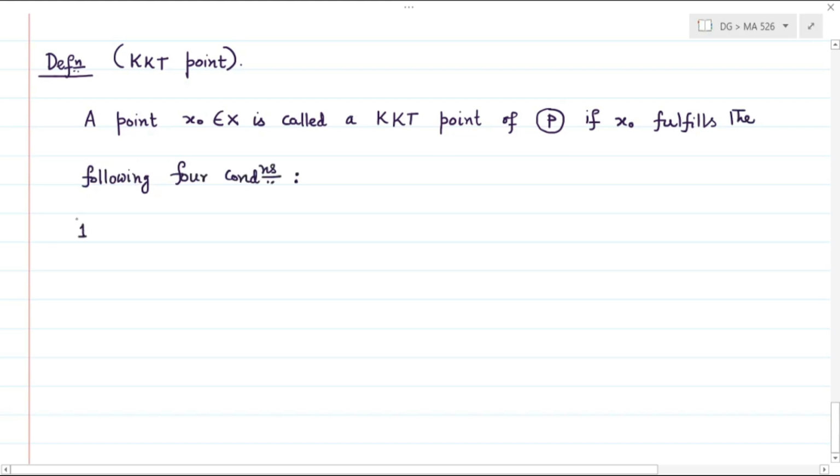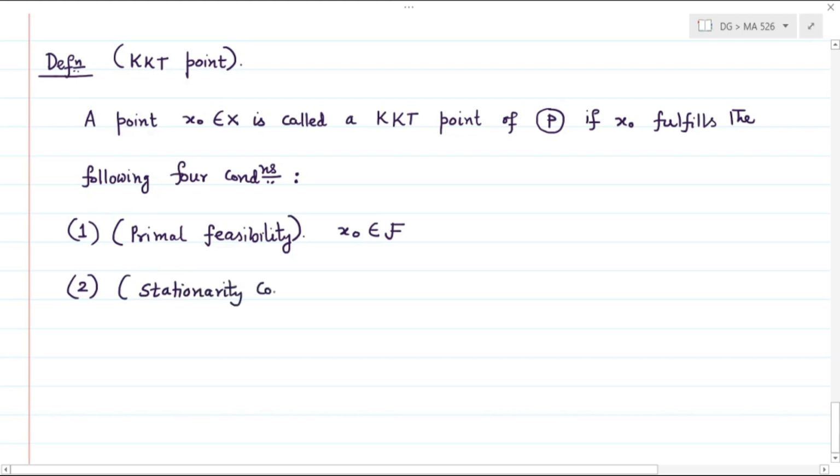First one is primal feasibility. That means the point x0 must be a feasible point of the given problem P, and the feasible region is denoted by capital F. And the second condition is that the point x0 must satisfy the stationarity condition.